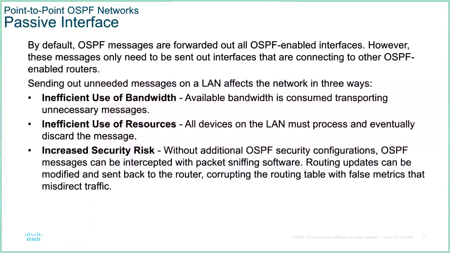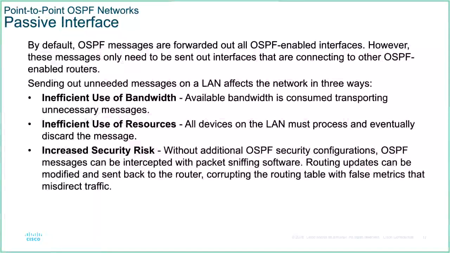It poses a security risk. So we want to be able to limit where our updates are being sent. So that's one of the reasons we might want to have a passive interface.